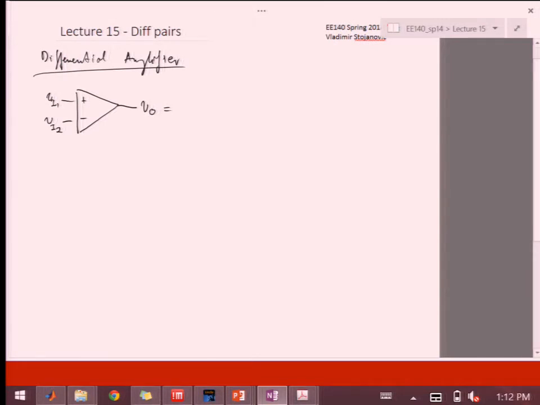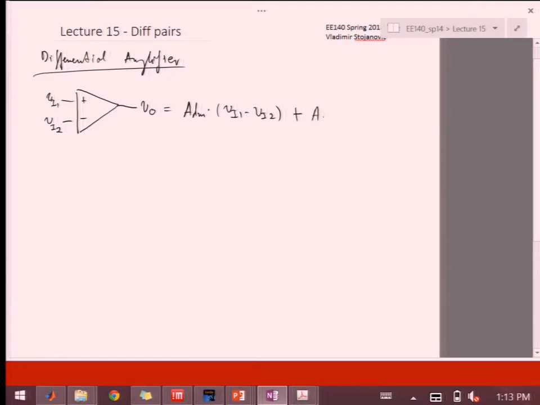So in this case, the quantity you care about is that the output voltage is proportional to the difference of the input voltages. And we call that proportional factor the differential mode gain.